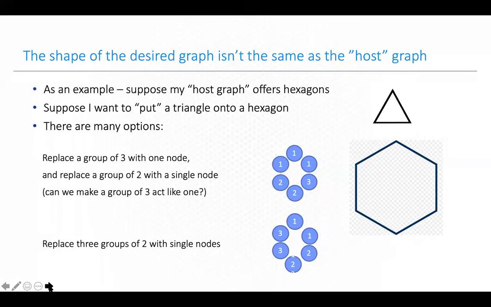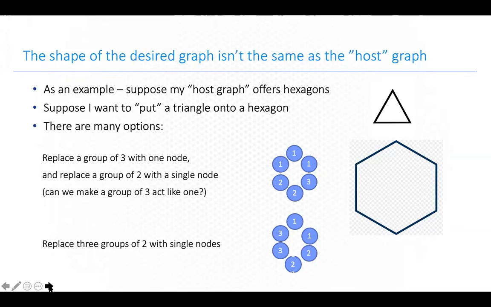Suppose that the graph I want to fit is hexagonal. Again, this is not a D-Wave example, but I just want to get your mind around it a little bit. Suppose that the architecture is hexagons, like I've shown there at the right, and I want to put a triangle on it. In other words, I want to model a triangle on a hexagon. How do I do that?